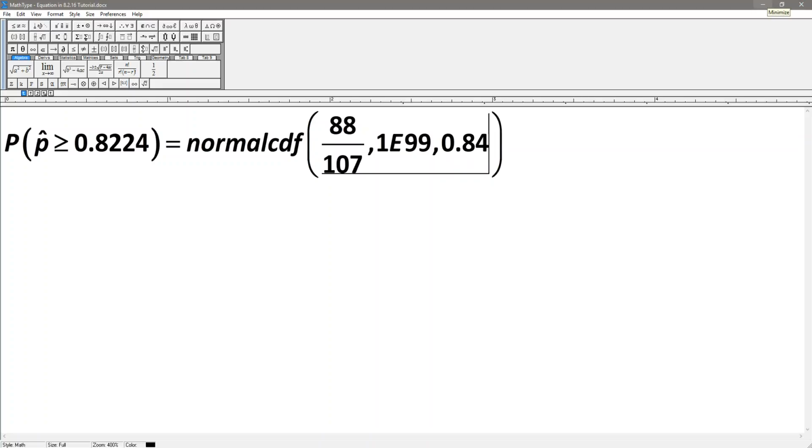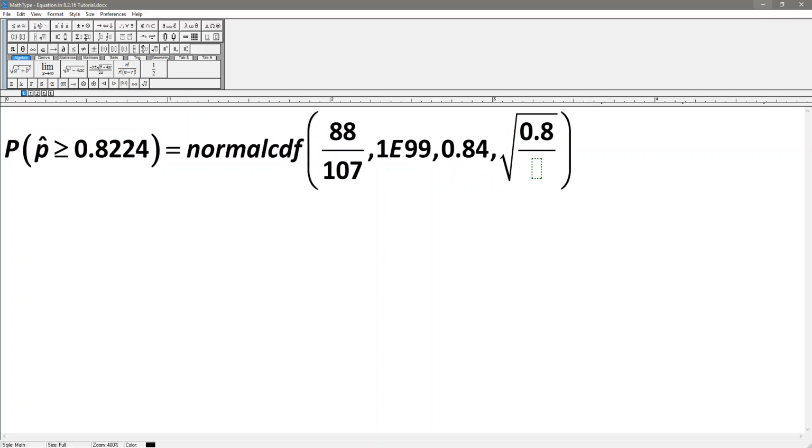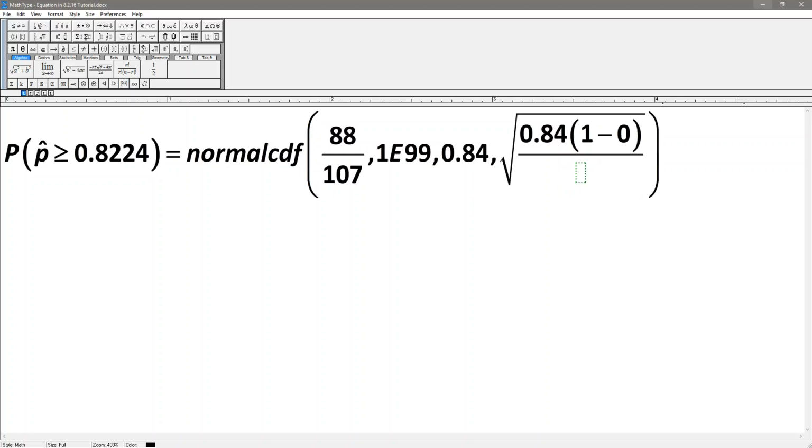P was 0.84. And then the square root of 0.84 times 1 minus 0.84 divided by n, which in our case was 107. If we put all of that into a calculator, we'll know our answer. And this will be an approximation.